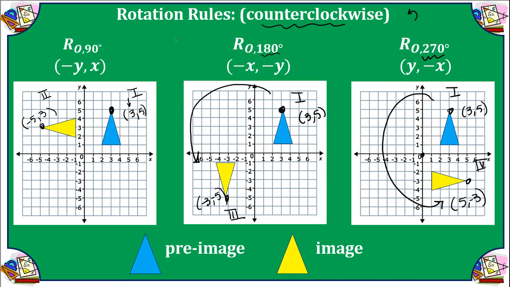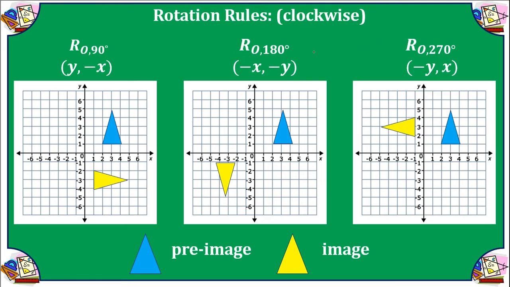So we have counterclockwise 90 degrees, 180, and 270. Now let's take a look at going clockwise. We have rotating about the origin going 90 degrees clockwise. This time we are going in this direction. We're in quadrant 1, and now we're going to be in quadrant 4.